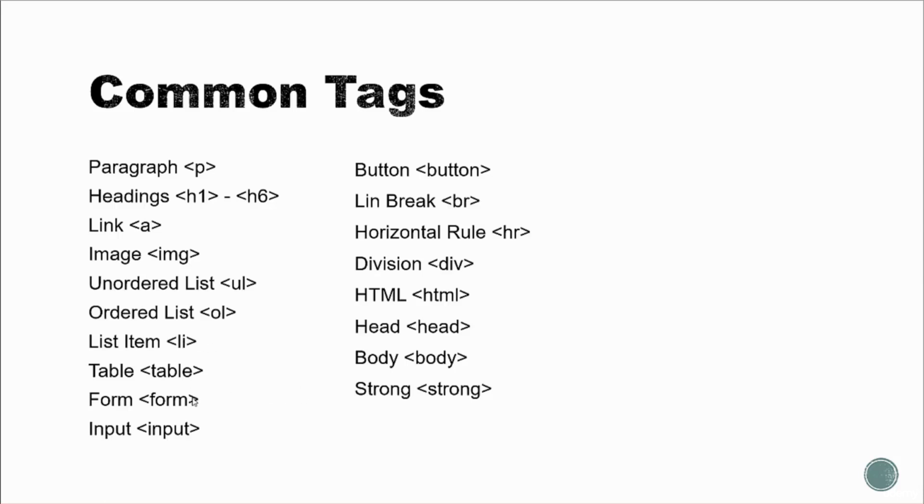We have table, form, input, button, line break, horizontal rule, which will put a line across the page or across the element. Division or div tags, which are used to separate your markup, and you can add classes and IDs, which we'll get into later. And then of course our structure tags like HTML, head, body, and then the strong tag is used to increase the font weight of the text.